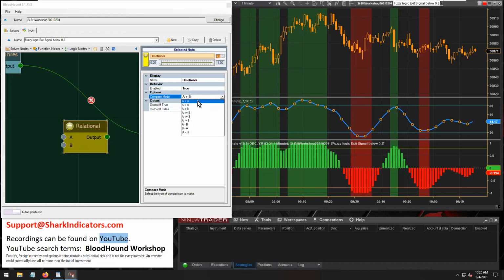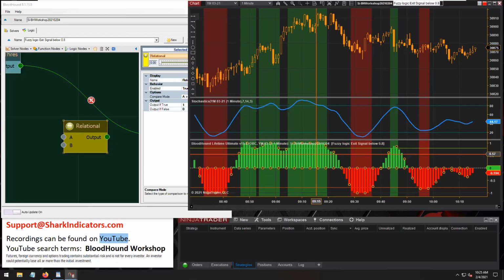And so the bigger thing to wrap your mind around here is that the long side and the short side are two separate calculations. We are dealing with BloodHound's fuzzy logic here.